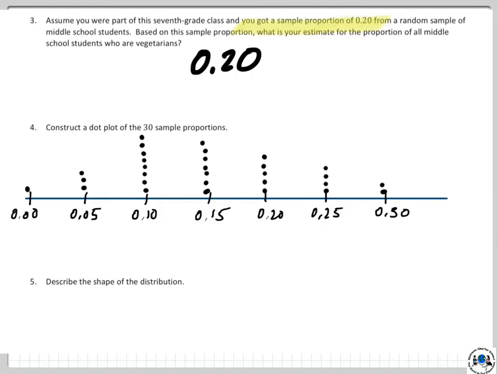All right, and if we went ahead and described the shape of this distribution, hopefully you're doing this yourself and getting maybe the same results. If you're actually doing any kind of polling, that'd be kind of fun. You can't do your family; it's usually going to be too small.